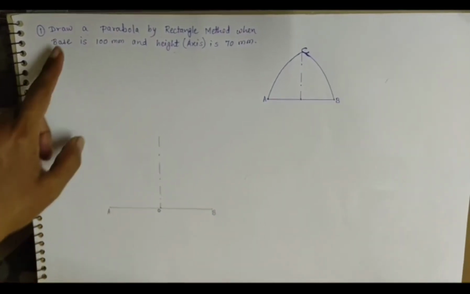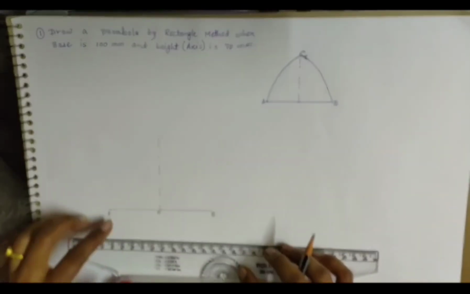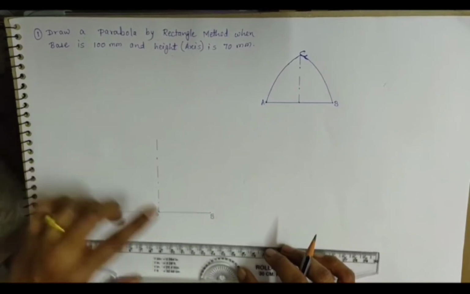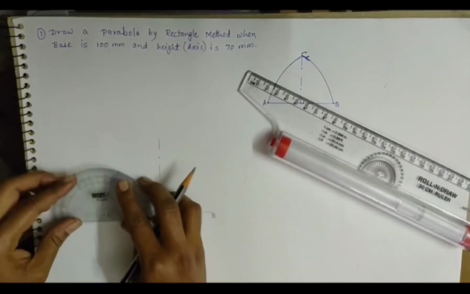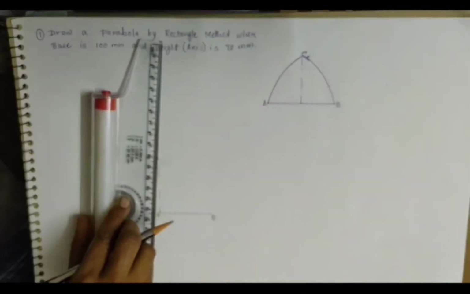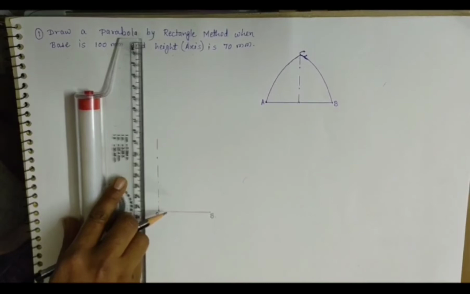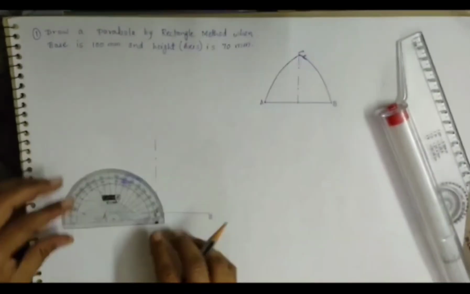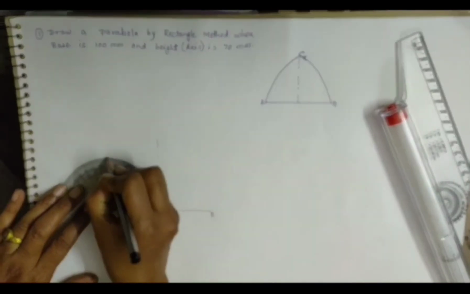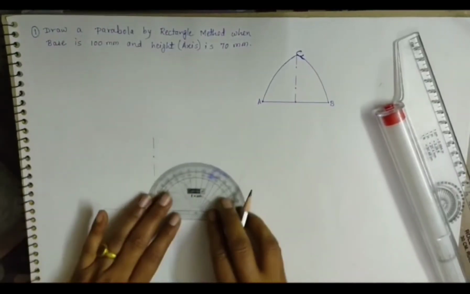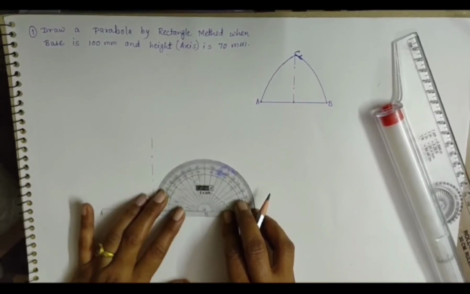Then, since it is a rectangle method, we will again draw two perpendicular lines from A and B. It may be drawn by the use of this roller scale, so that we can get accuracy in this figure.